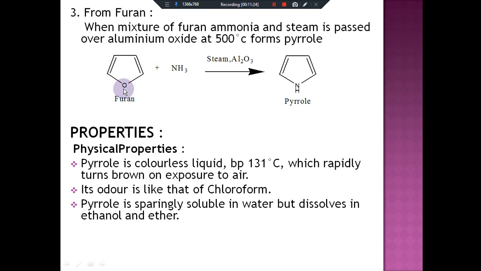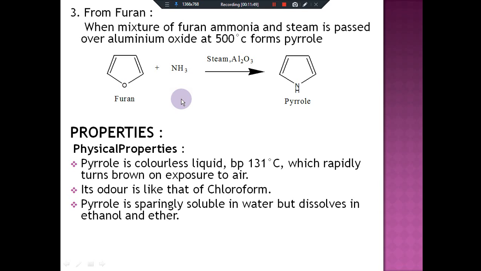When a mixture of furan, ammonia and steam is passed over alumina, Al2O3, at 500 degrees centigrade, it forms pyrrole. So furan reacts with ammonia when passed through alumina along with steam to give pyrrole. This is the third method of preparation.